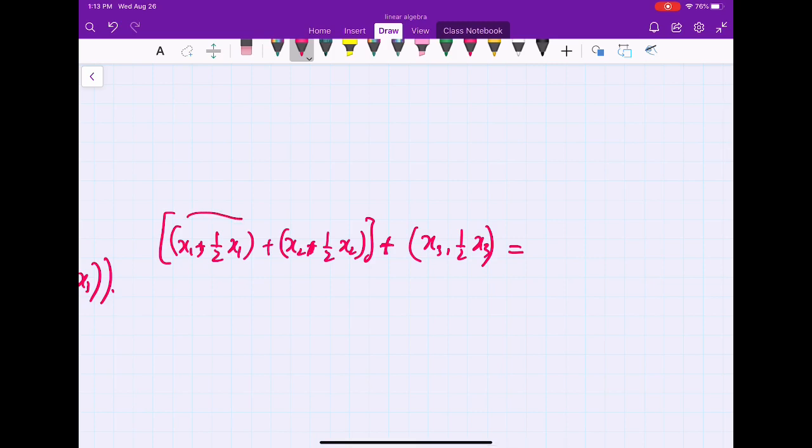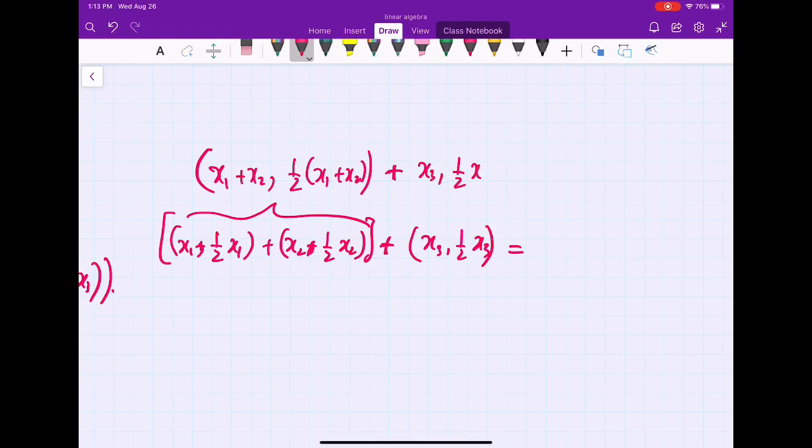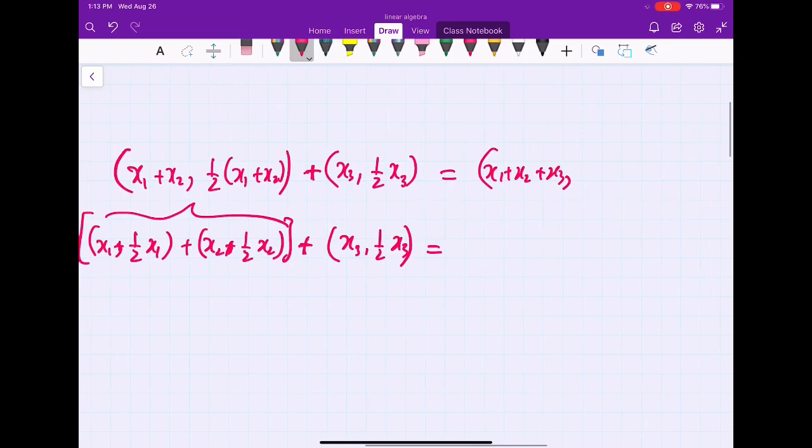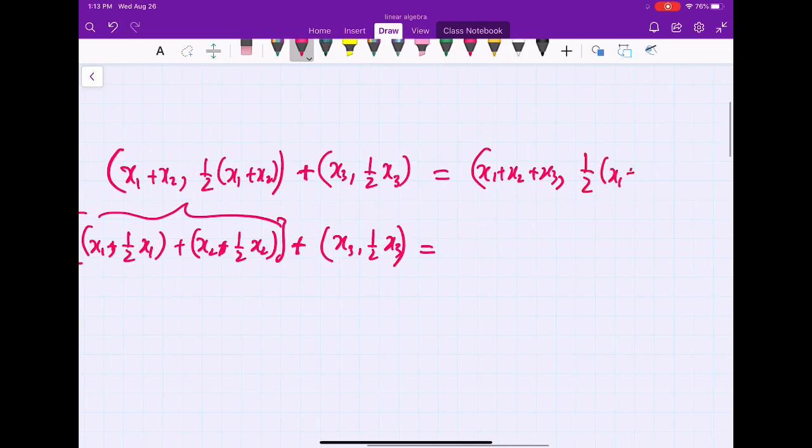So you add these two vectors, you have x1 plus x2, 1/2 x1 plus x2. And then you have x3, 1 over 2 x3. You get x1 plus x2 plus x3. And here you have 1/2 x1 plus x2 plus x3.